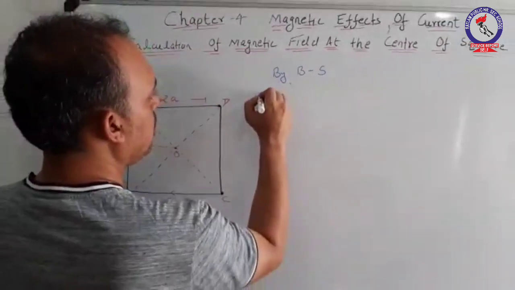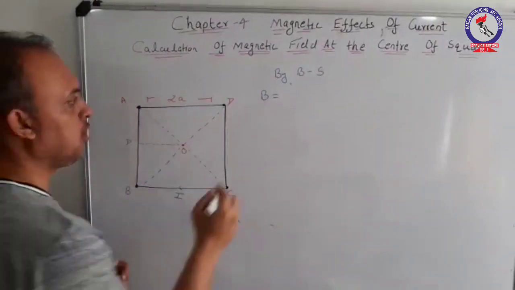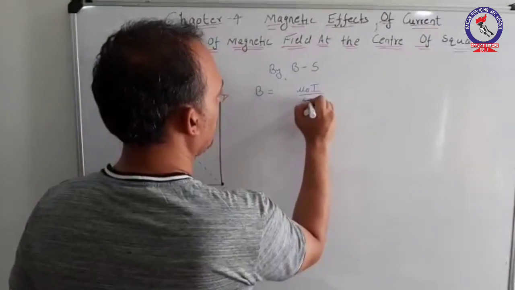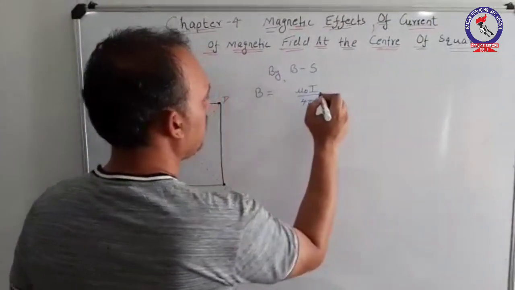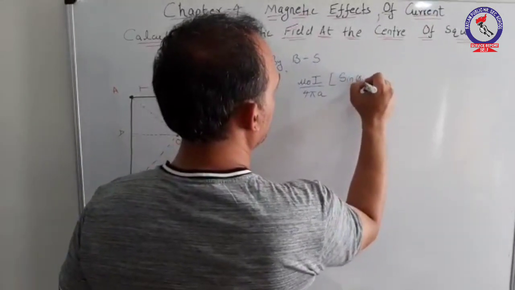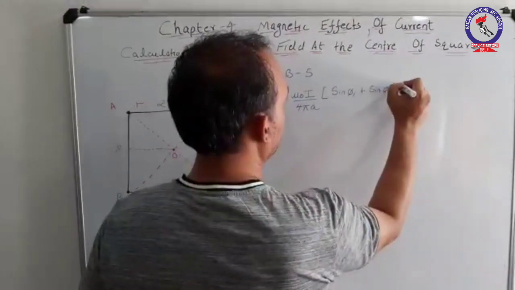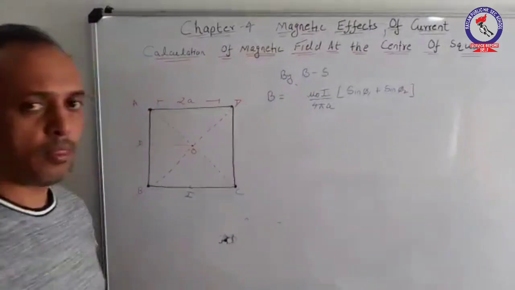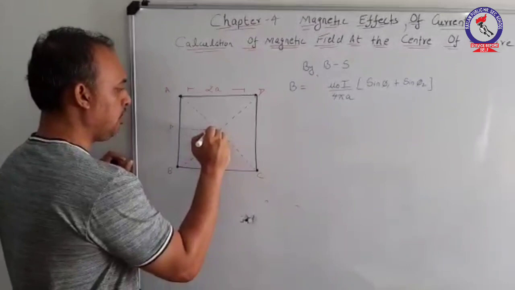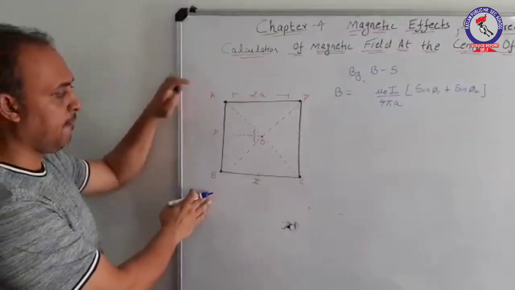By Biot-Savart law, magnetic field due to a straight conductor we have calculated as mu naught I upon 4 pi A, into sin phi 1 plus sin phi 2, where phi 1 and phi 2 are the angles subtended by the end points of this conductor.